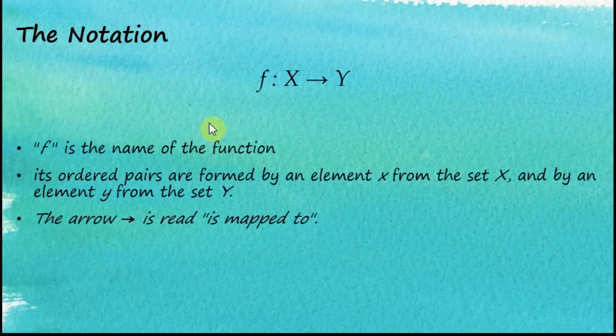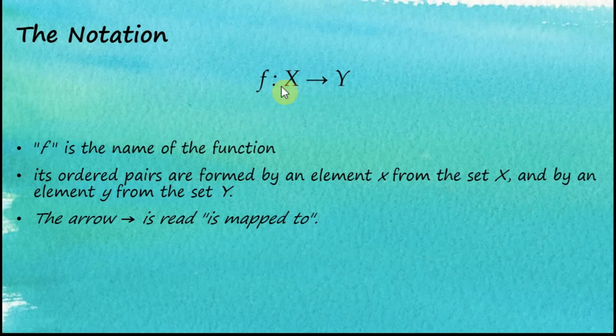Sometimes you will come across notations like this to write functions. In this notation, f is the name of the function, and you can see these 2 capital letters X and Y. This tells us that in this function we have 2 sets of elements.